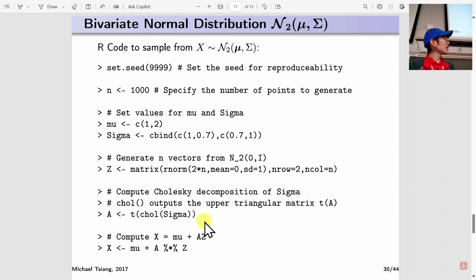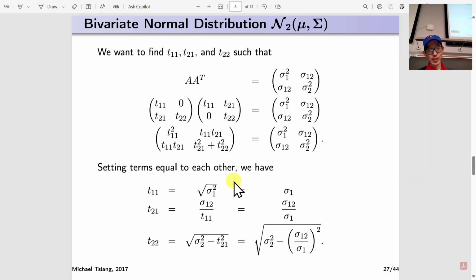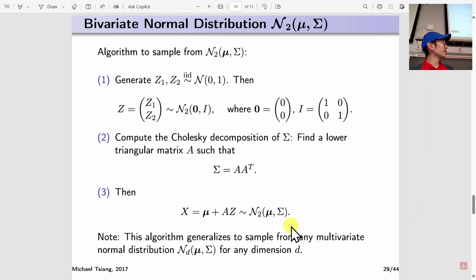I guess R, when you do Cholesky, gives you the upper triangular matrix. So if you want the lower triangular matrix, you would just take the transpose of that. Okay, so you can just do Cholesky of sigma, or you could do it yourself with these terms. You'll get the same results.